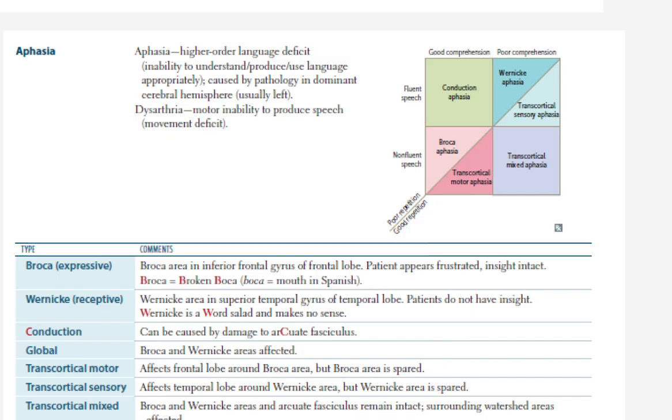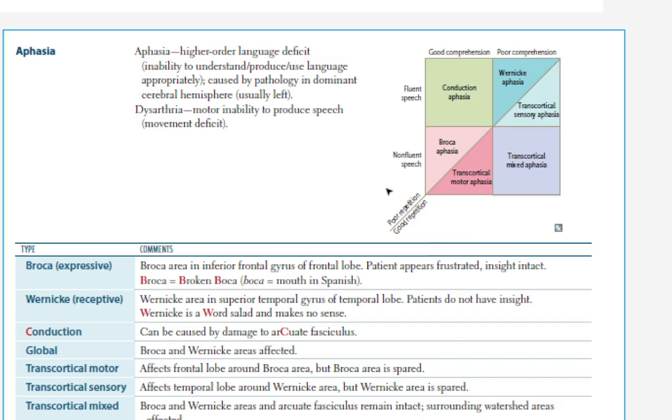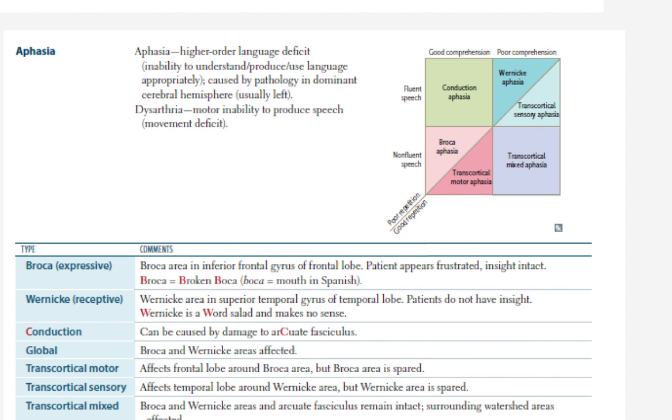Now, there are two questions you always ask in aphasia. So you ask if the speech is fluent or not. So there's a fluent speech aphasia and there's a non-fluent speech aphasia, okay? And then the other question is, do they understand language? So you're trying to understand comprehension. There's a good comprehension and there's a poor comprehension, right? If you say close your eyes, can they obey?